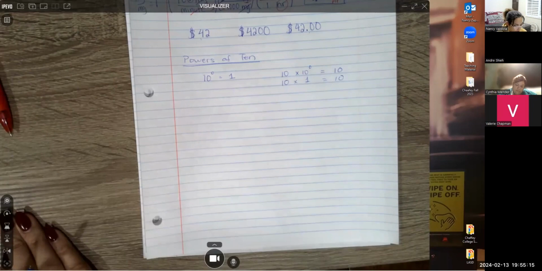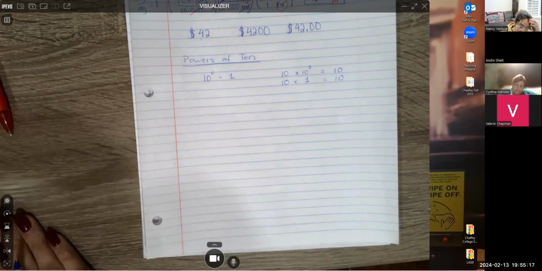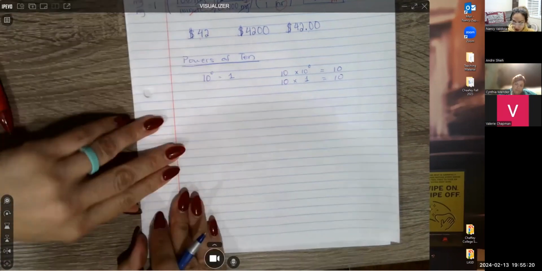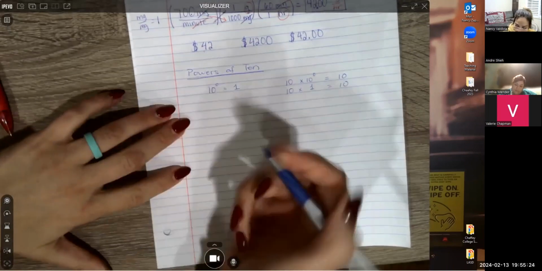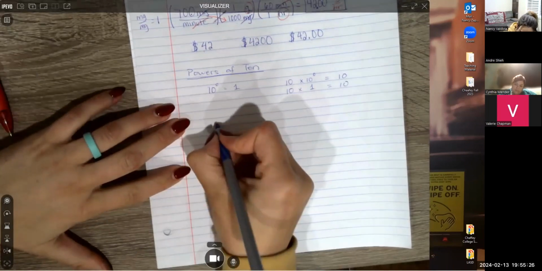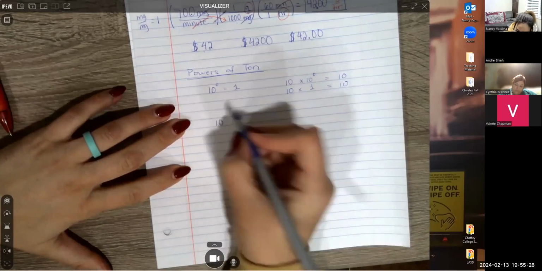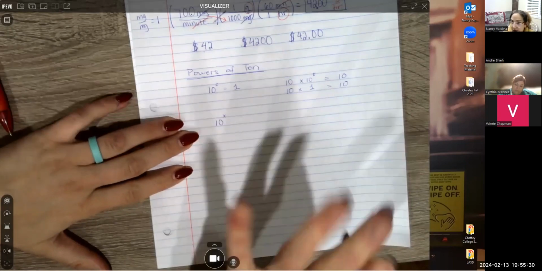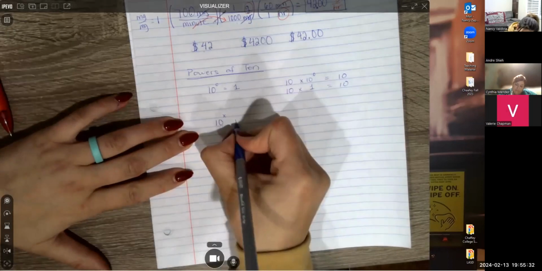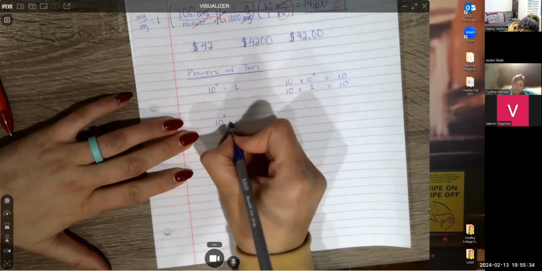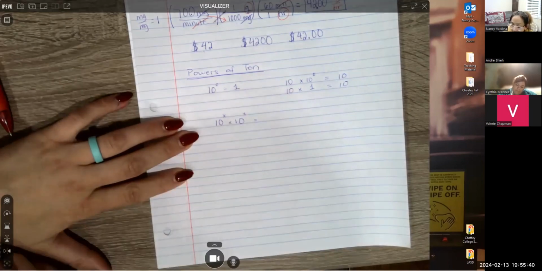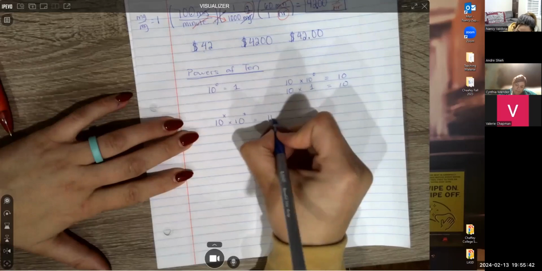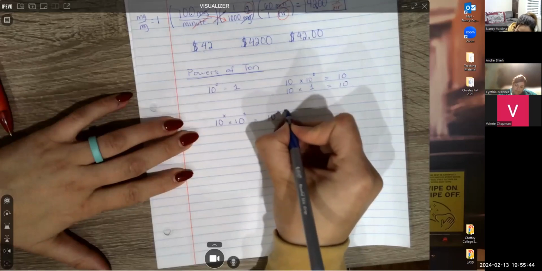The other thing I want to show you guys, I think I showed it in one of my lecture notes, but let's do that again. It's when we're talking about powers. If I have 10 to the x times 10 to the y, that is the same as saying 10 to the x plus y.